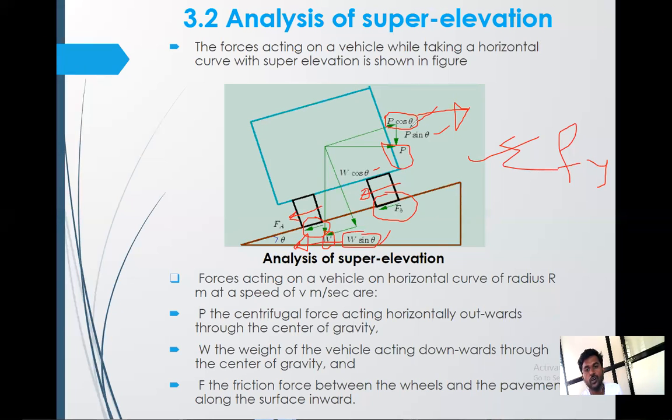So one force, P cos theta, is acting outward, and the remaining three forces are acting to the left, that is, inward. So the force P cos theta counteracts the force W sin theta plus the frictional forces at tire A and tire B. Now we will write the equation for that, and by that you will clearly understand.